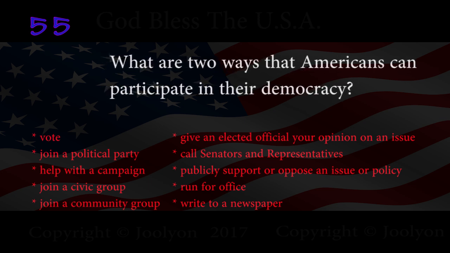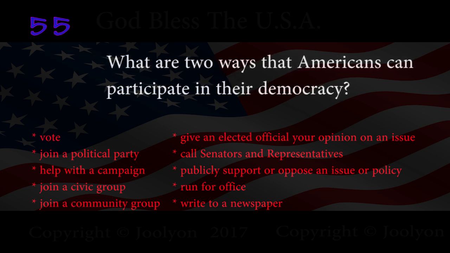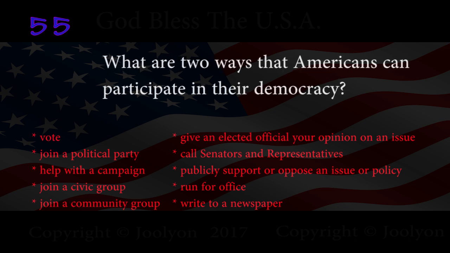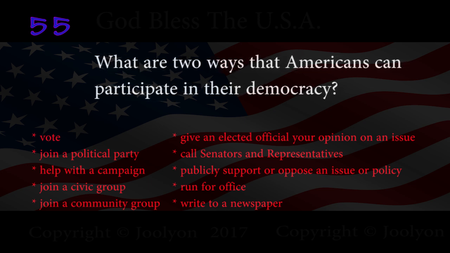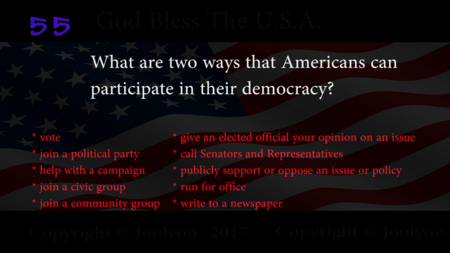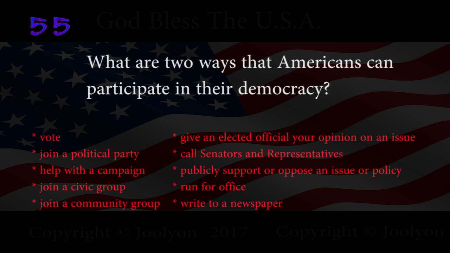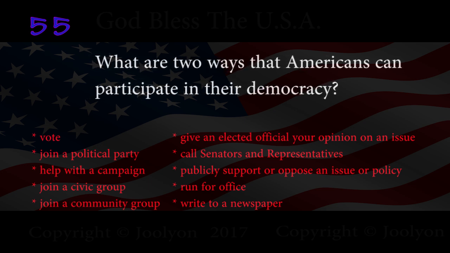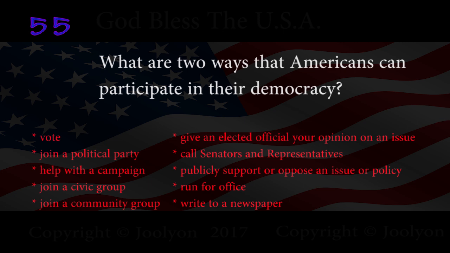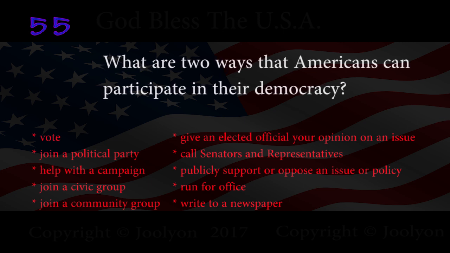Join a civic group. Join a community group. Give an elected official your opinion on an issue. Call senators and representatives. Publicly support or oppose an issue or policy. Run for office. Write to a newspaper.